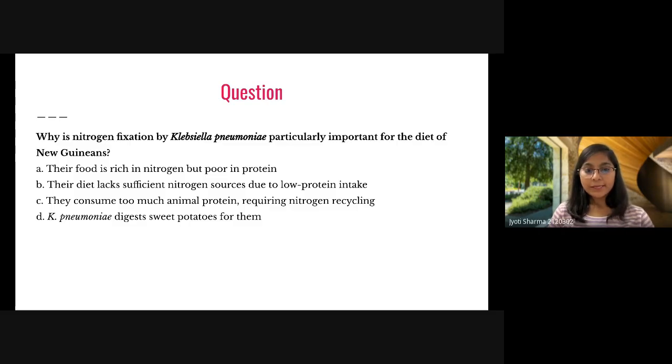So this Klebsiella bacteria is very useful for the people that are located in that country or place. So you just have to tell me why it is very important to have that bacteria in their stomach.